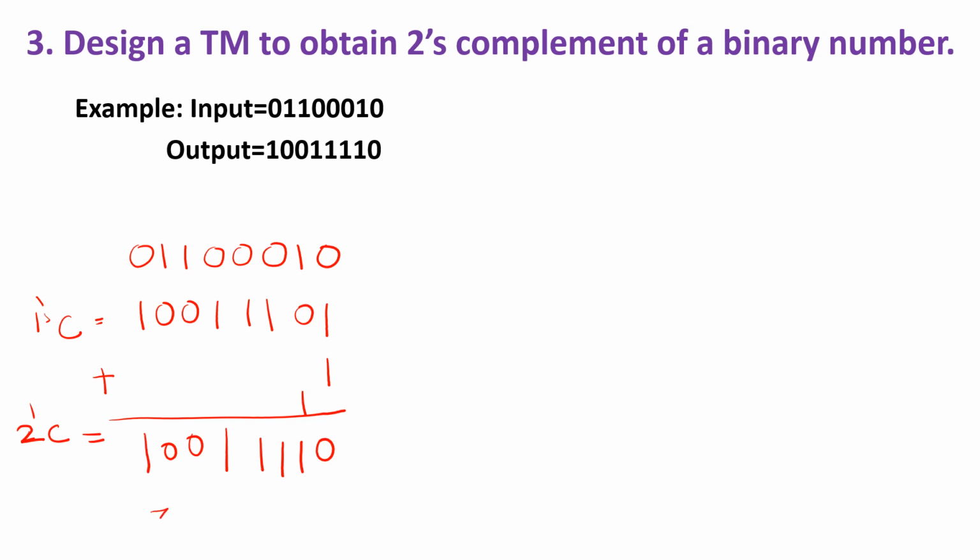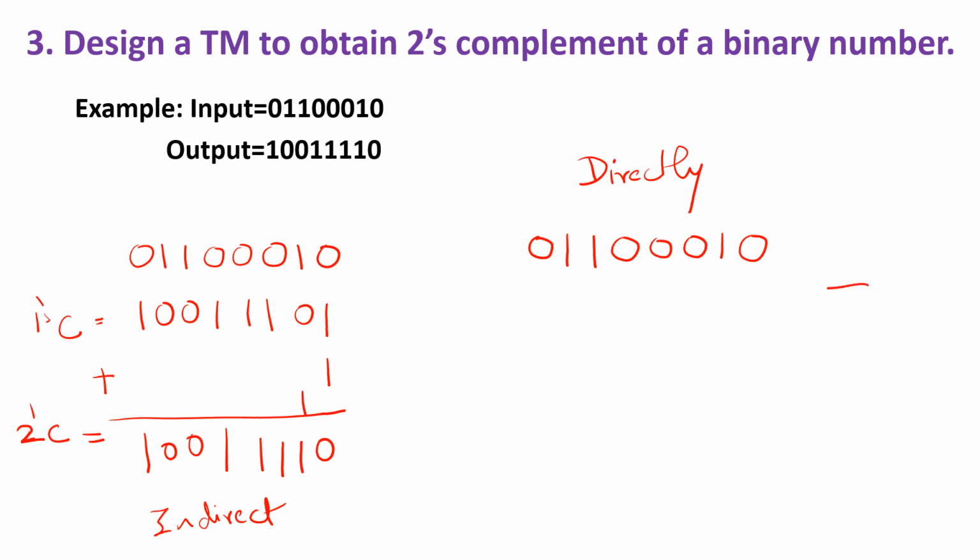This is the indirect method. If I want it directly, then given a number 011000010, start from the right. If you come across a 0, keep it as it is.